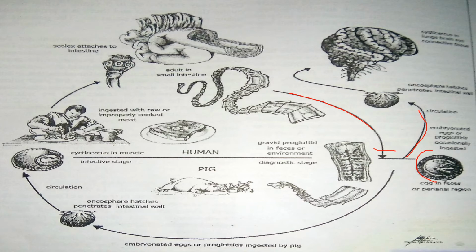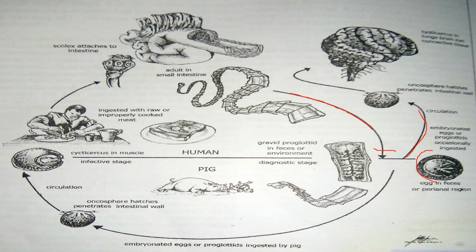Since it passes through the lymphatics, it may also reach other organs like tissue, muscle, eye, and even the brain, where it develops into the larval stage Cysticercus cellulosae.